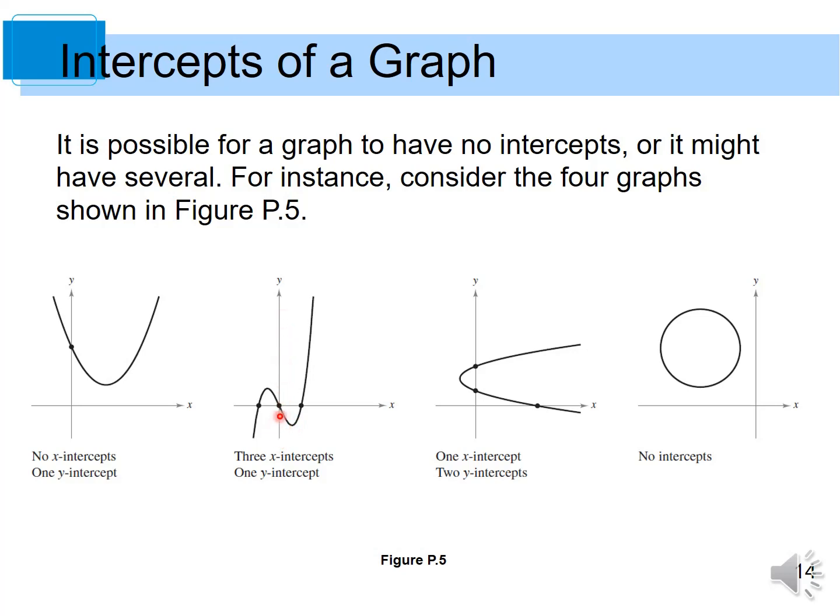So the point at origin can be counted as x-intercept and y-intercept. For the next diagram, there is 1 x-intercept and 2 y-intercepts. For the last diagram, this is a circle. There's no intercept for x as well as for y.